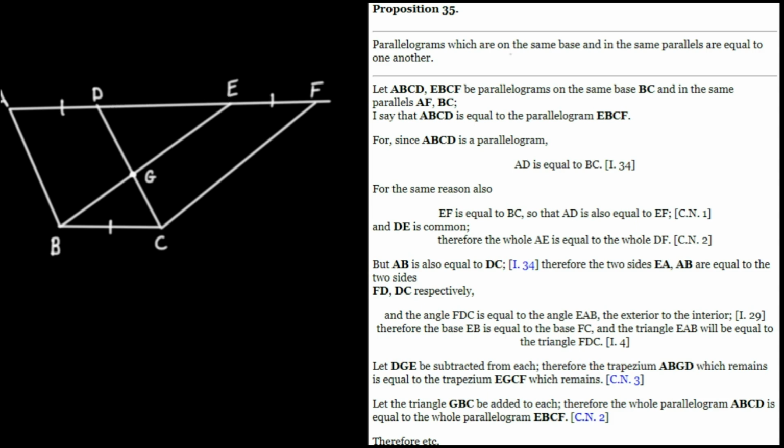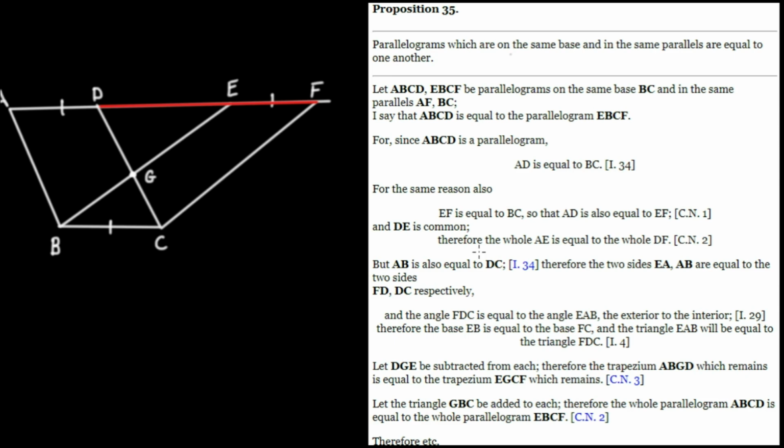And what he's going to notice here is that since we have AD and EF being equal, what's going to follow from this is that AE is going to have to be equal to DF by common notion 2. Equals added to equals will make the wholes equal.